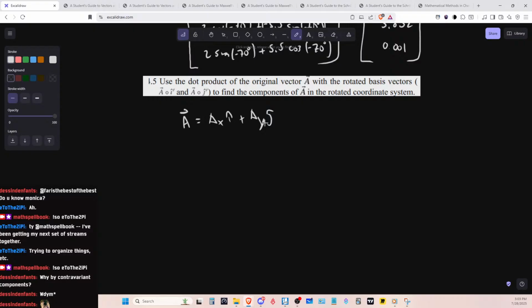Okay, find the component of A in the rotated coordinate system.